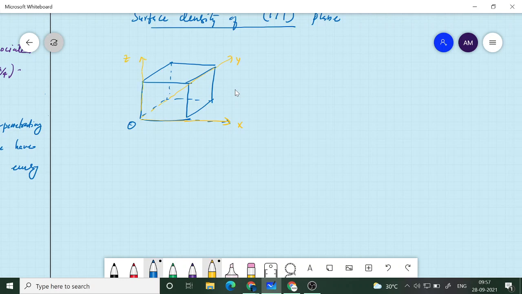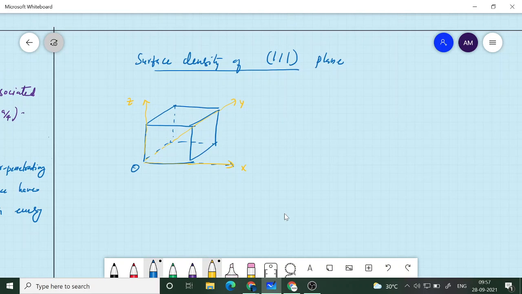So 1 1 1 means the x-intercept, y-intercept and z-intercept are all 1. Therefore the plane should pass through these points. If you join them, you will get this. Let me just draw that.